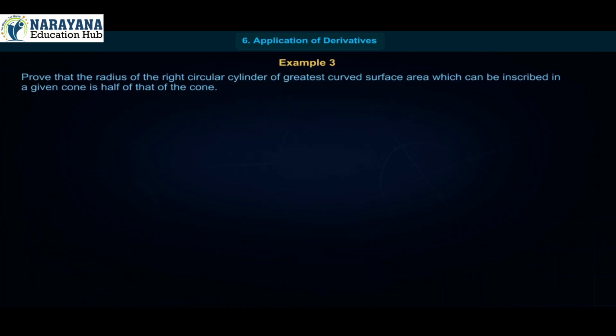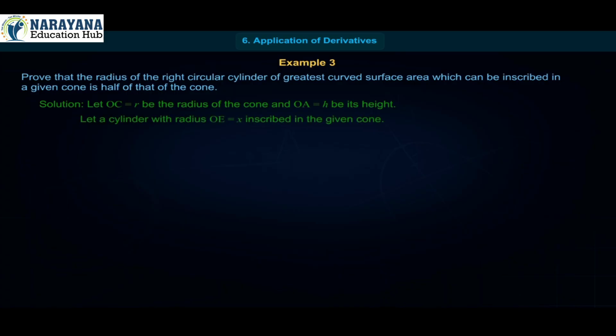Example 3. Prove that the radius of the right circular cylinder of greatest curved surface area which can be inscribed in a given cone is half of that of the cone. Solution. Let OC is equal to R be the radius of the cone and OA is equal to H be its height. Let a cylinder with radius OE is equal to X be inscribed in the given cone.